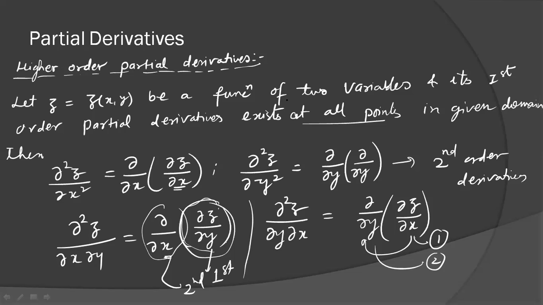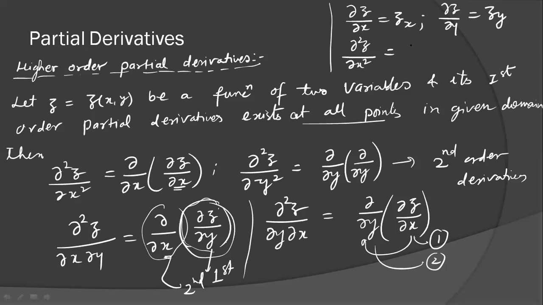mixed derivatives. So what are the notations? Notations are very important here. Notations I am telling you. If you have del z over del x, this is called zx. Del z over del y is called zy. Del 2z over del x square, the second derivative, is zxx. Del 2z over del y square is zyy.